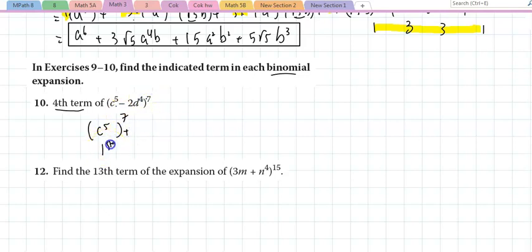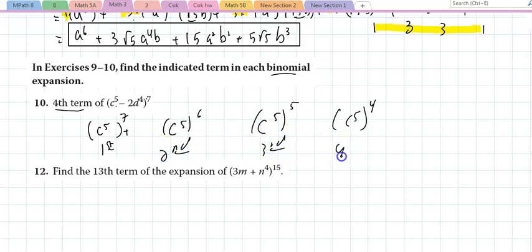That's first. Second, third, fourth. Isn't this going to start with that 7 and start reducing by 1?